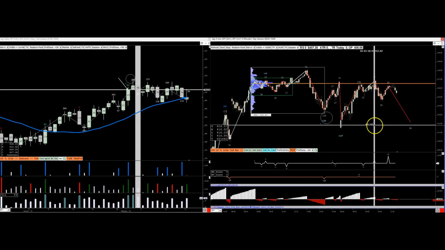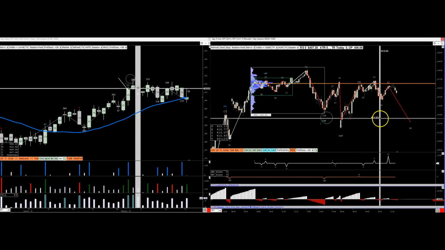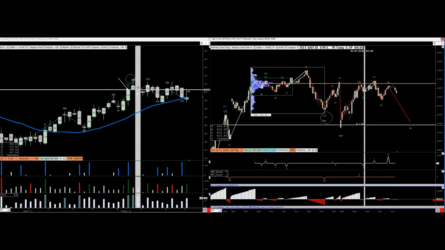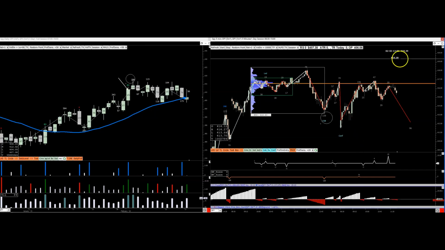Let me say it again. You must have a lot of supply with very little demand in order to create a downtrend. And vice versa. You must have a lot of demand with very little supply in order to create an uptrend. That situation together creates trend.